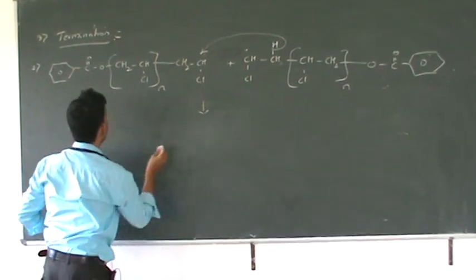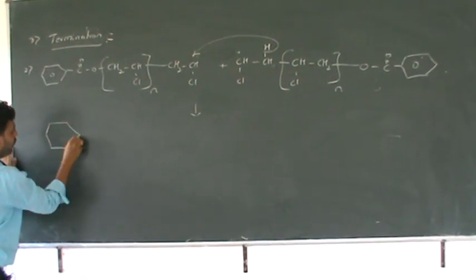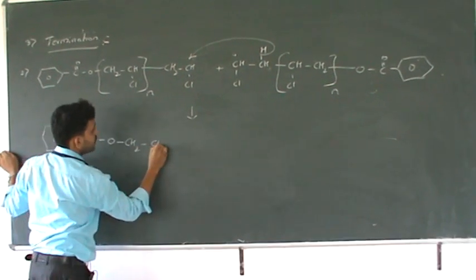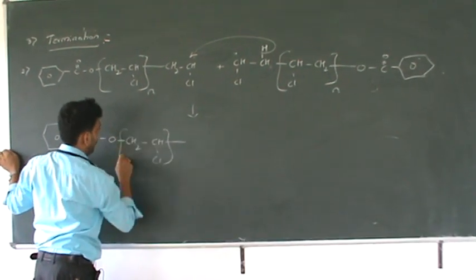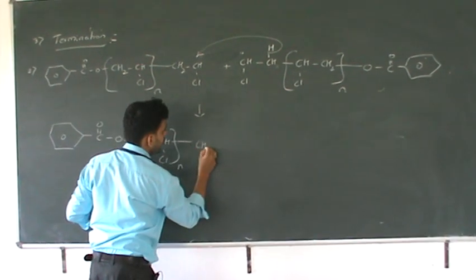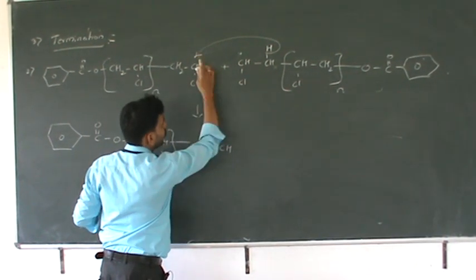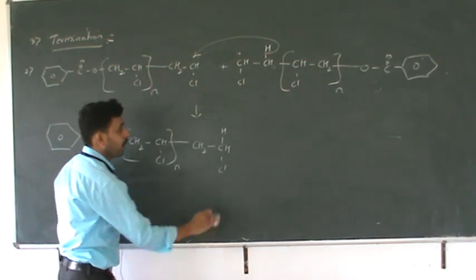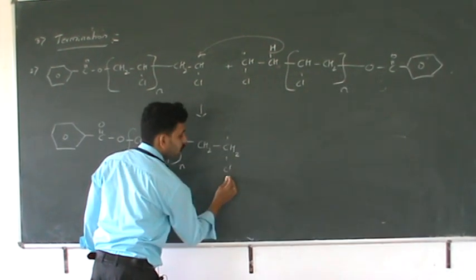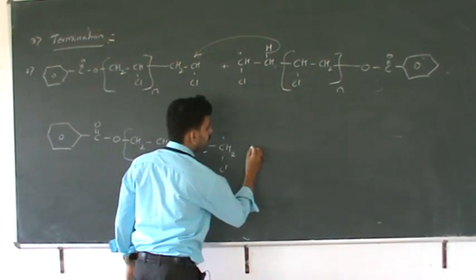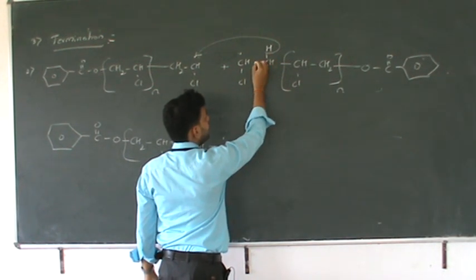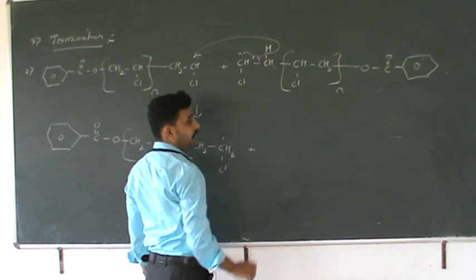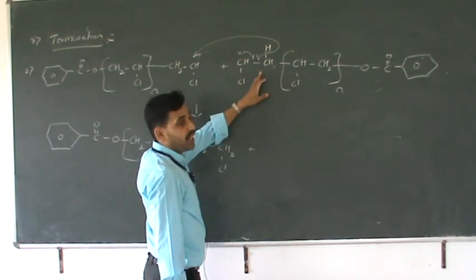Like it will be written in the form of C double bond O, O CH2 CHCl and times CH2 CH. Due to the abstraction of one hydrogen atom, it will be terminated, or it is in the form of CH2 Cl. And the other one, due to the abstraction, these free radicals will be terminated by the formation of a double bond.